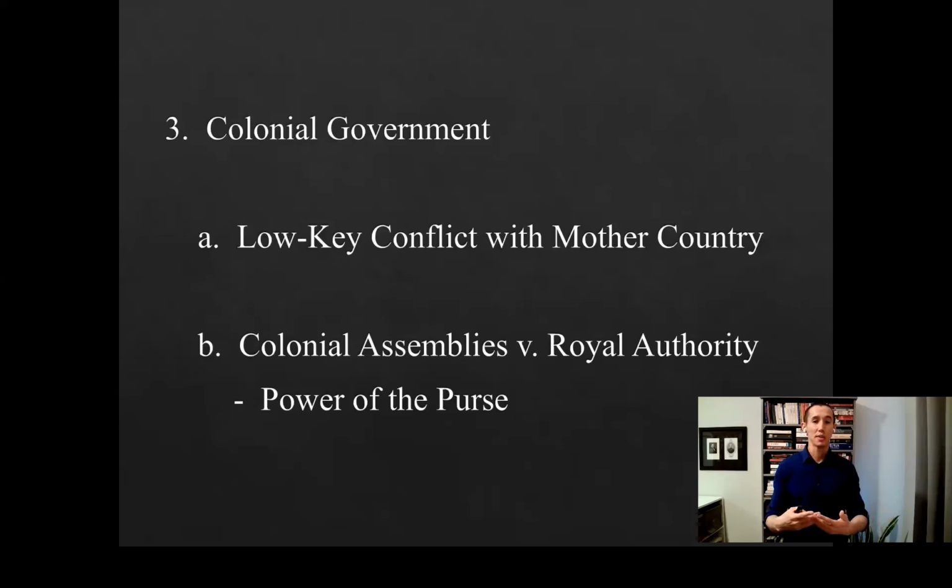There was problems. I'm not going to say there were no problems, but no one was talking about independence, and there wasn't bloodshed. There wasn't fighting over the issues. They were all low-key conflicts.